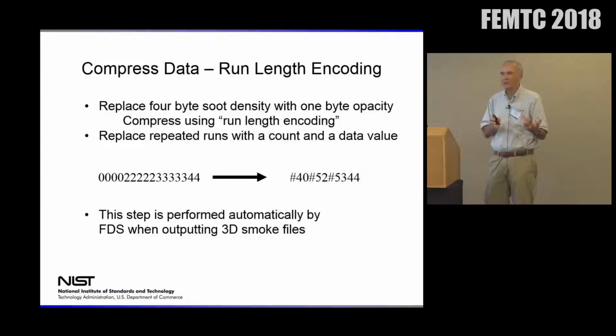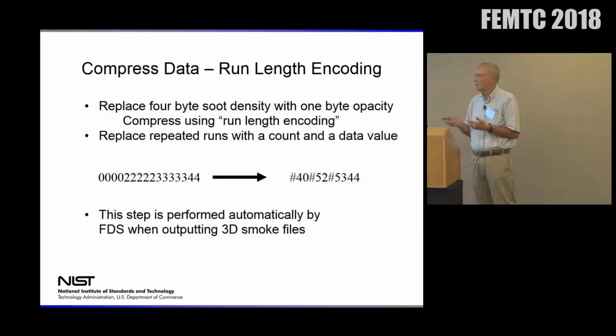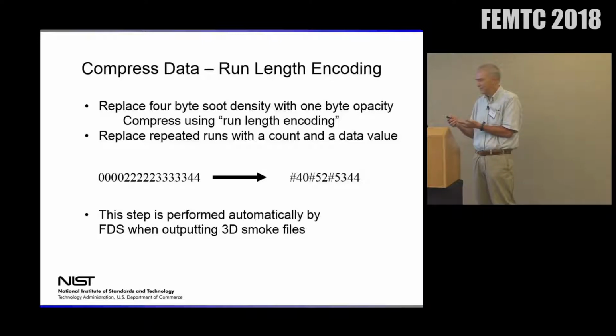So there's no point really to transferring over 4 bytes. And so here, this is just using a simple scheme, run length encoding. So basically you take repeats, so there's 4 zeros here, so you replace that with a 4 and a zero. The advantage of that is when you decompress it, it's very, very fast.